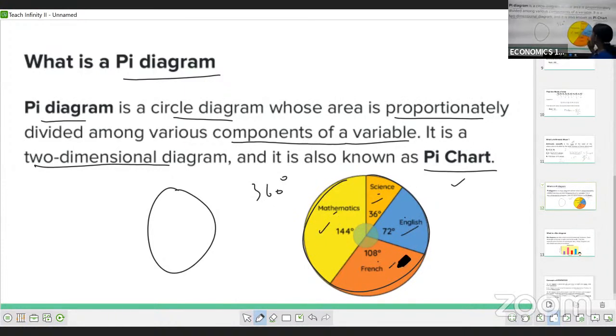The total degrees in this circle is 360. In the definition itself we observed that the area is proportionately divided. Based on the values given in the question, you have to locate the area in the circle.